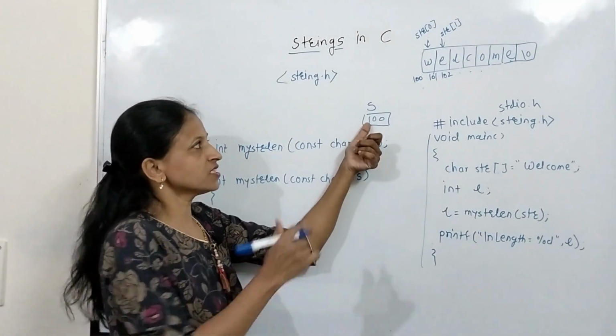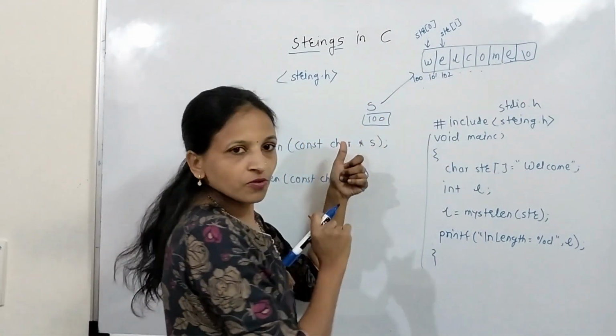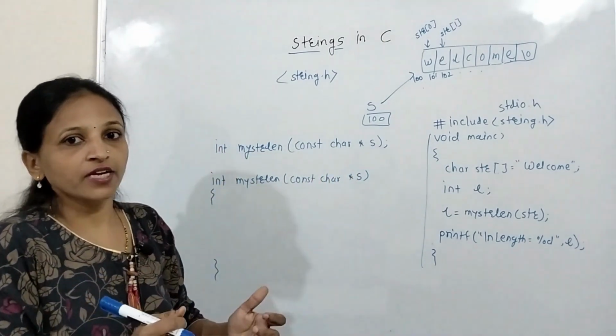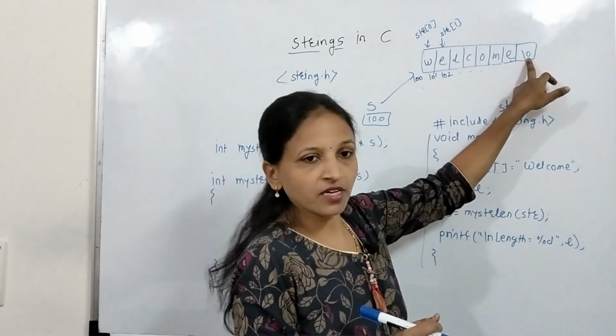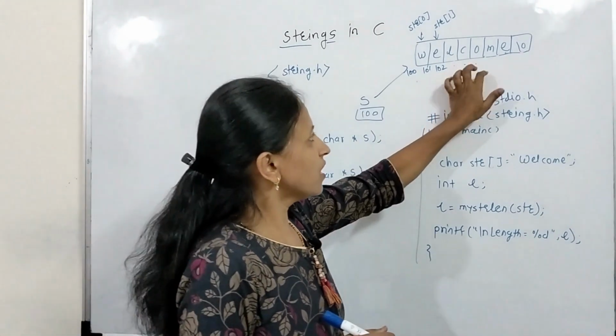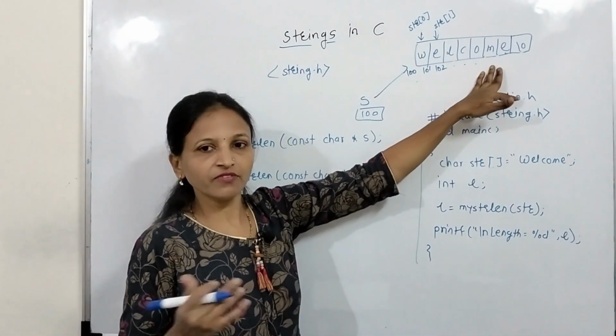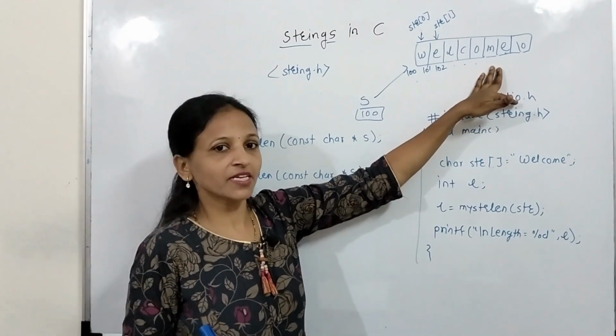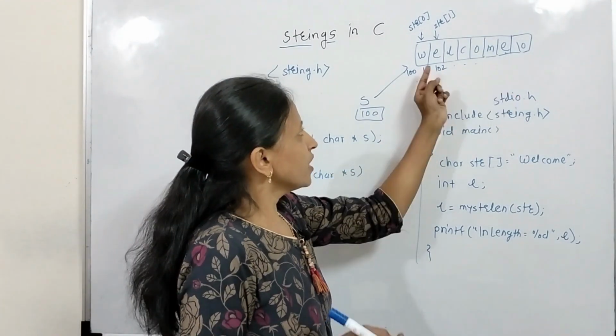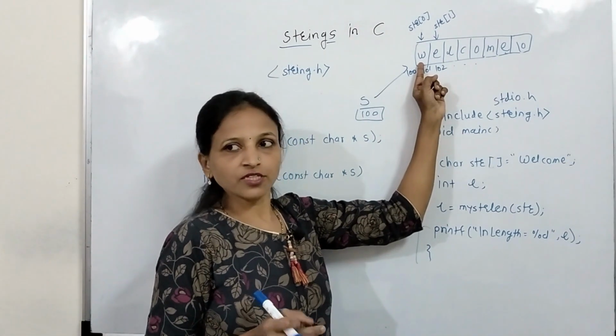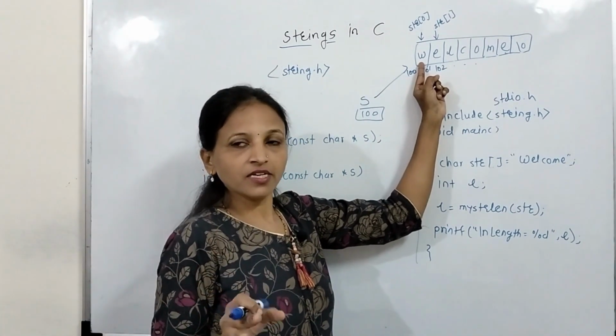Now using this s, we can fetch this array, and we can calculate the length of that string. Until we get this \0, we have to move forward, and we will set one counter variable there. The initial value will be 0. If this character is \0, then stop. If it is not, then count++.